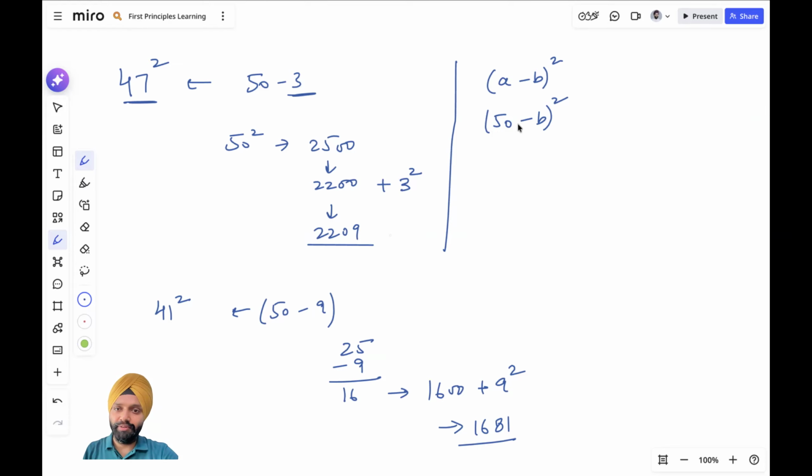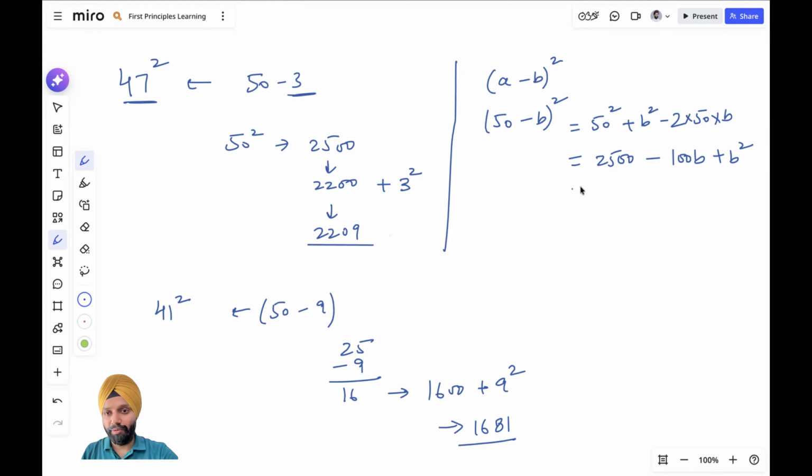So if a is 50, let's open it. (a minus b) squared is a squared plus b squared minus 2ab. So this becomes 2500 minus 100b plus b squared, which, if you take 100 common, becomes 100 times (25 minus b) plus b squared.